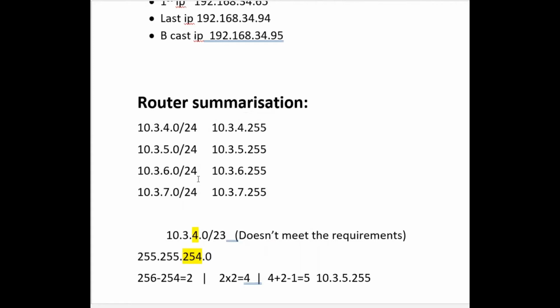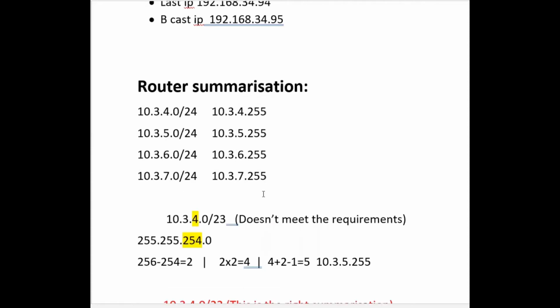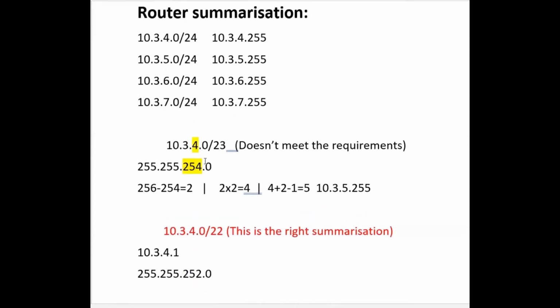What is the broadcast address for 4.0? It will be 10.3.4.255, then 5.255, 6.255, 7.255. So we need a subnet ID that will cover from 10.3.4.0 to 10.3.7.255, the entire range.